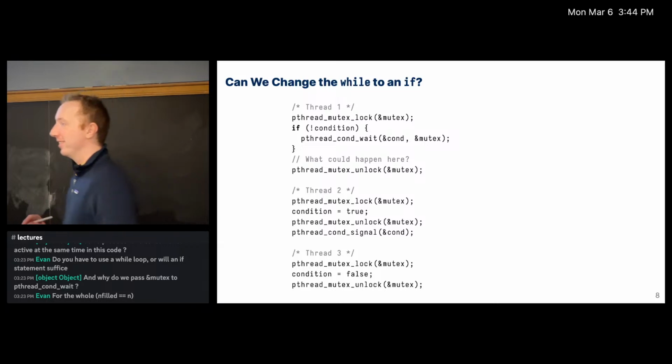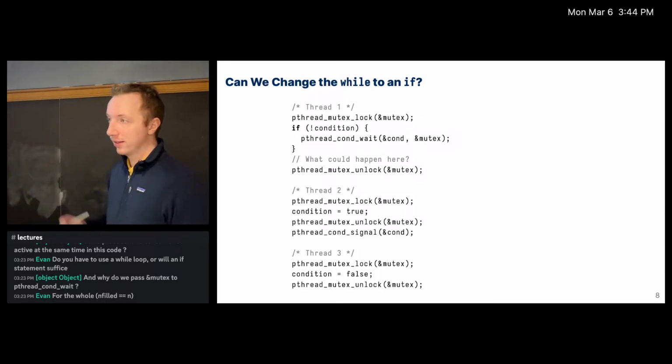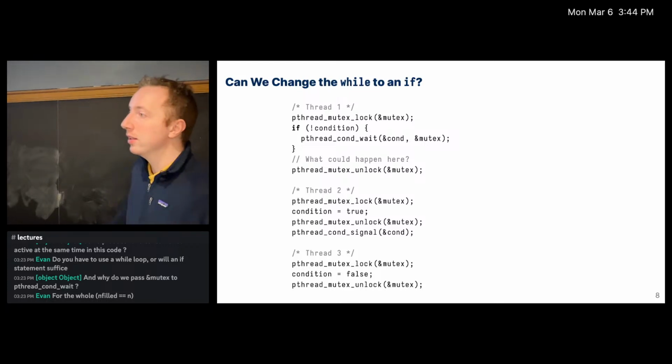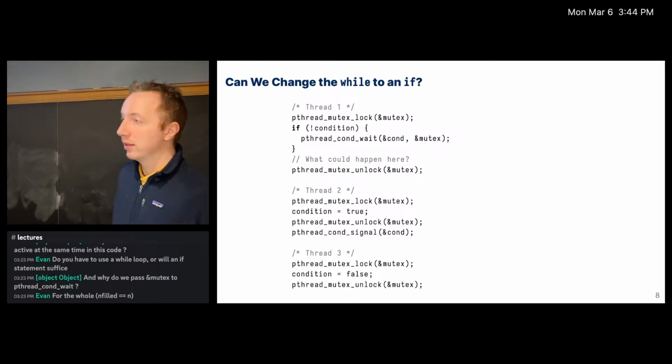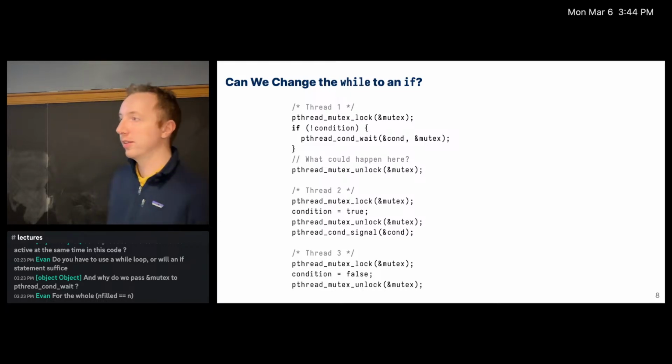Yeah. So another, after the wait has been called, some other thread does something that modifies a condition, and we come back, and it's in a situation where we would want to go back and run the wait again. So we want to check the while of the not condition.